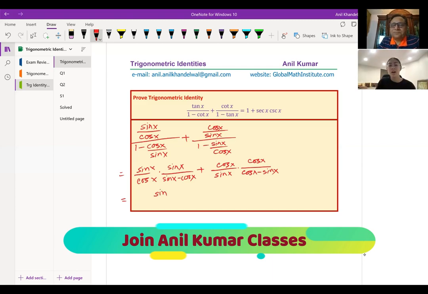Essentially, you want to turn the numerator into sine squared x, and then that denominator will be sine x times cos x minus cos squared x.